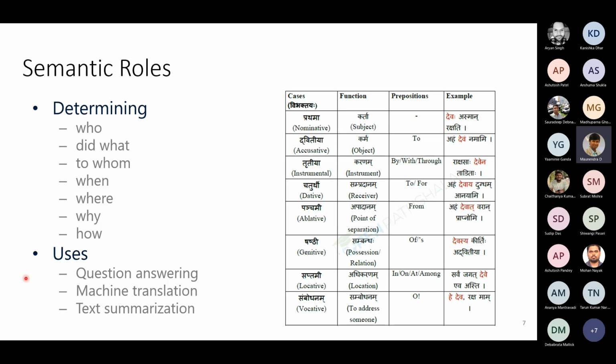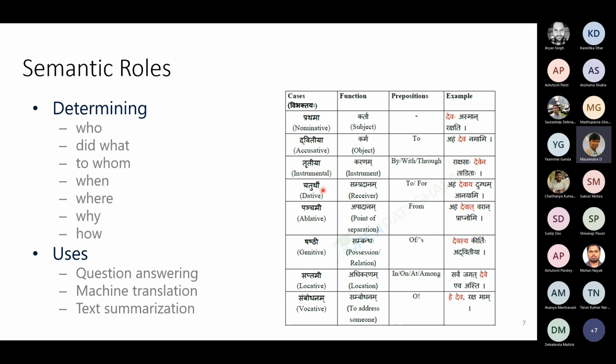Then what is the object or karma? Often this comes under the dvitiya vibhakti, and then the instrument by which the thing is being performed, how it is being performed. So that is dwara. That thing comes as a karanam or in the dvitiya vibhakti.